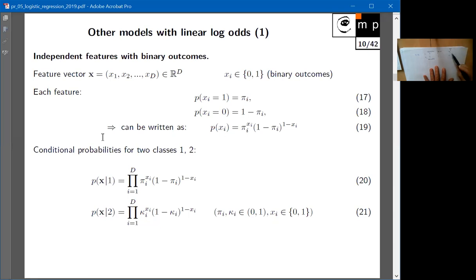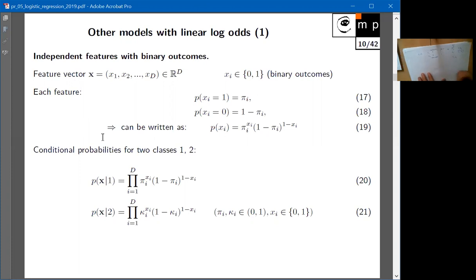So pi 1 is the probability that women have hair longer than 5 centimeters, and 1 minus pi 1 is the probability that women will have hair shorter. Kappa 1 the same for men, and 1 minus kappa 1 is the probability that men have hair shorter than 5 centimeters. Pi 2, kappa 2, same thing for shoe sizes.